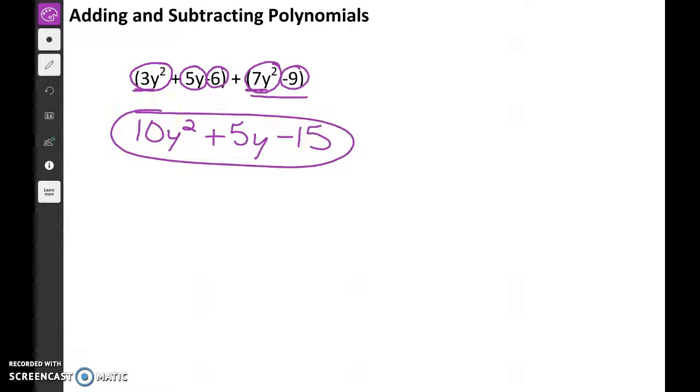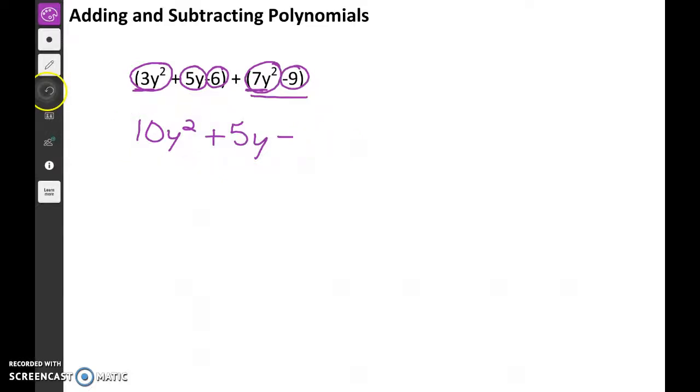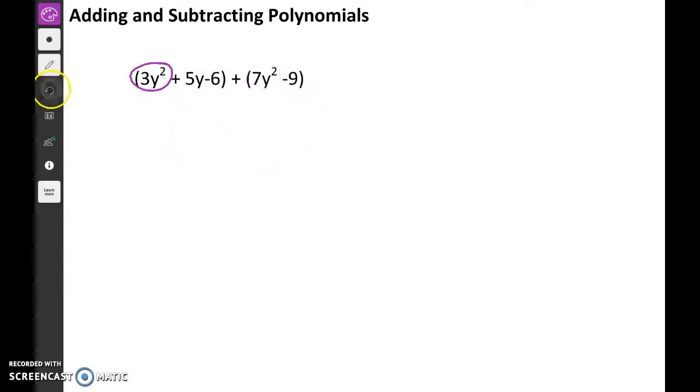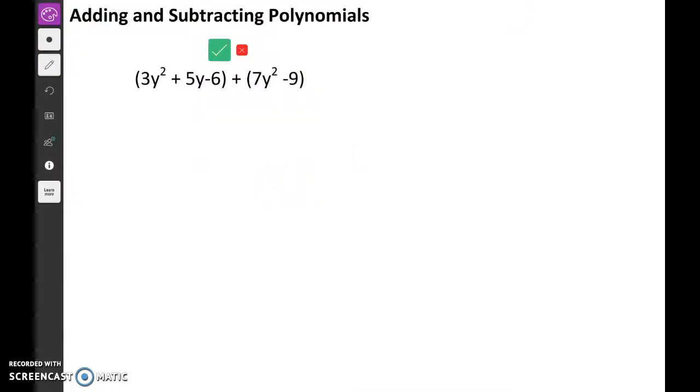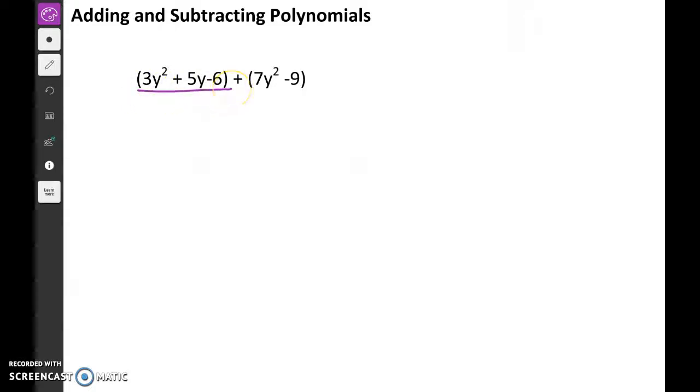Now this is just one way to solve an adding polynomials problem. Let's go back and let's look at this problem again from a different view. Okay, so rather than doing it this way, we can also do it in a vertical way. Write this one down beside it. So to do it vertically, all we're going to do is take one polynomial and write it down.